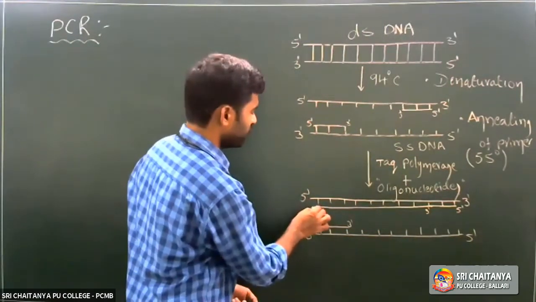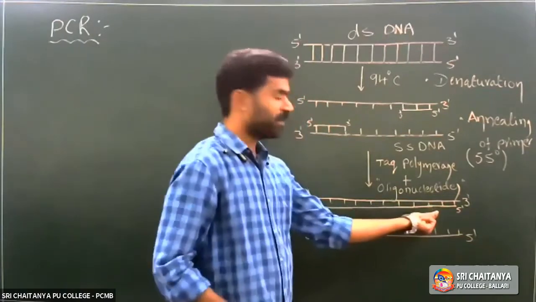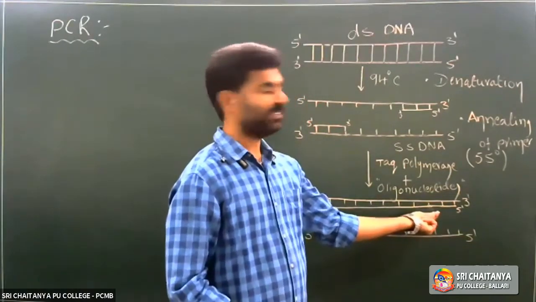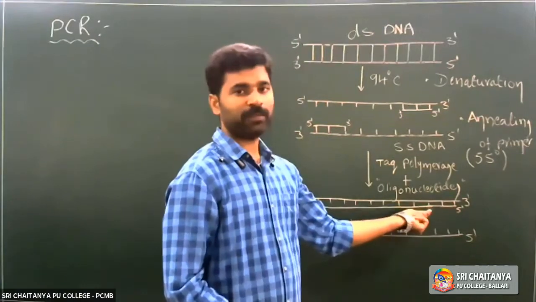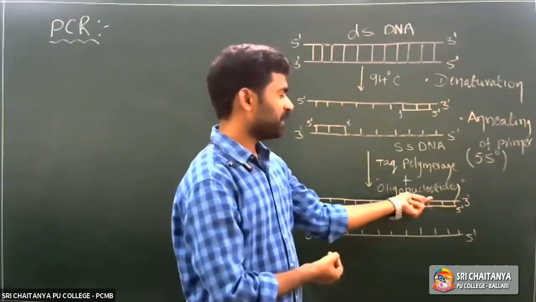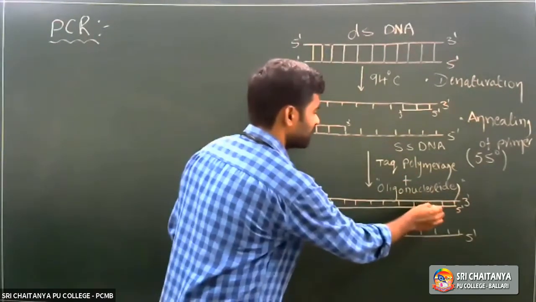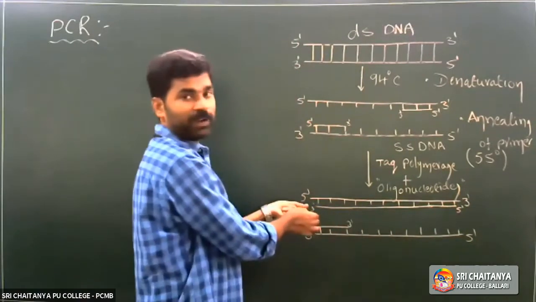Why? Because the primer already provides the 3 prime end for adding new nucleotides. So directly the new nucleotides are added to the template strand by the Taq polymerase enzyme. In which direction are they extended? 5 prime to 3 prime direction, right?